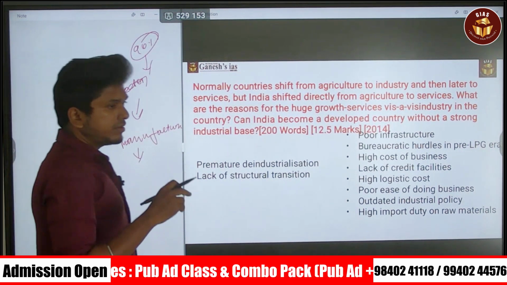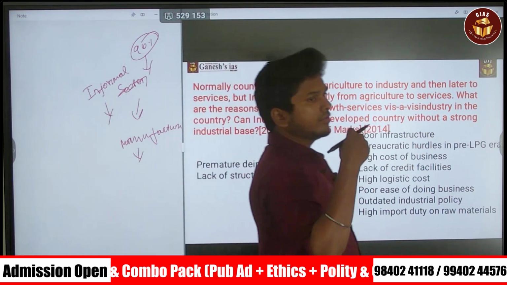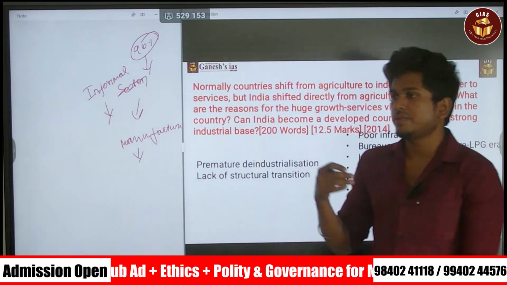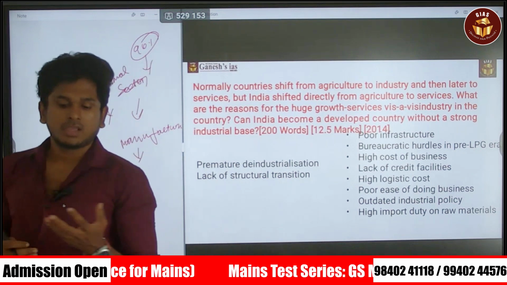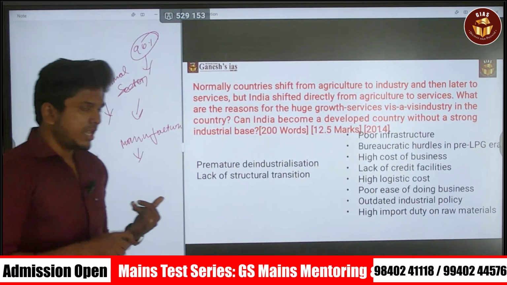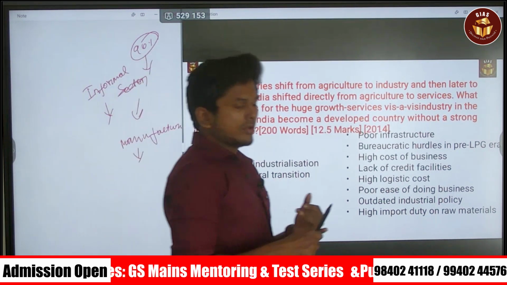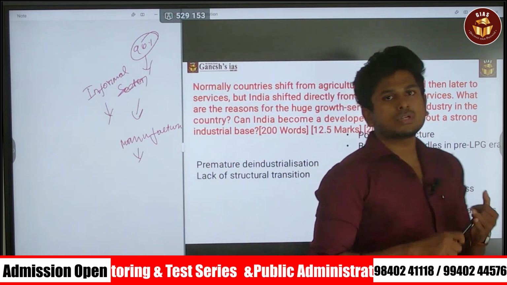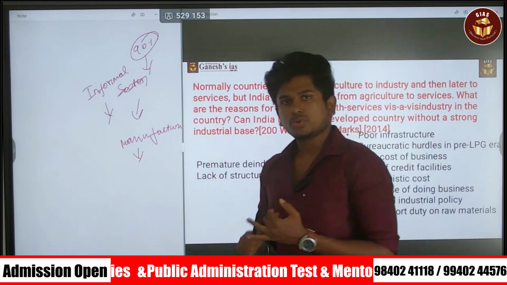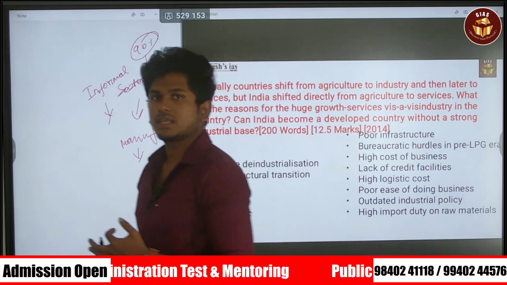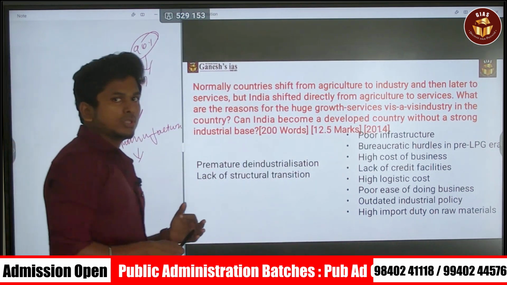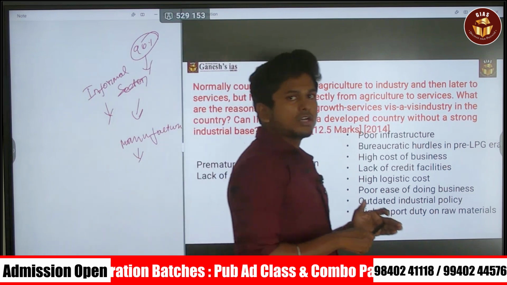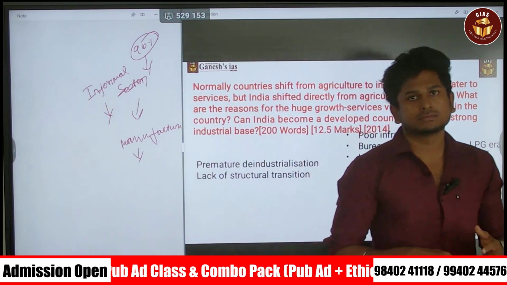Why do we need the formalization of the sector? By that they won't face unemployment issues, and they will also get social benefits, insurance facilities, and pension schemes. All these things will be provided to them. That will contribute to the development of the country.